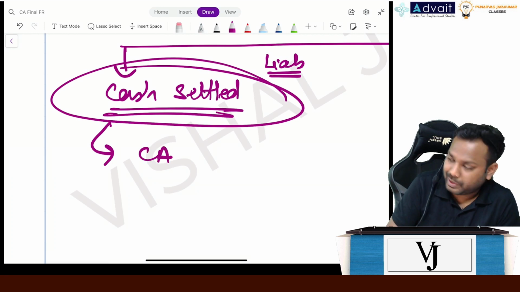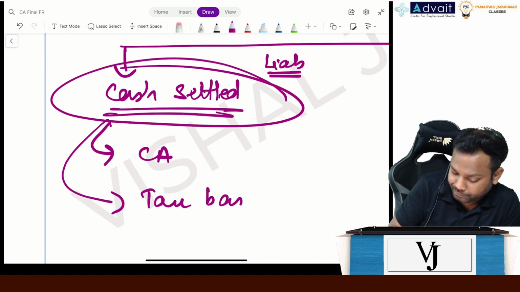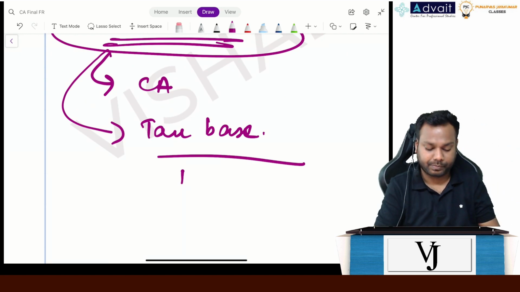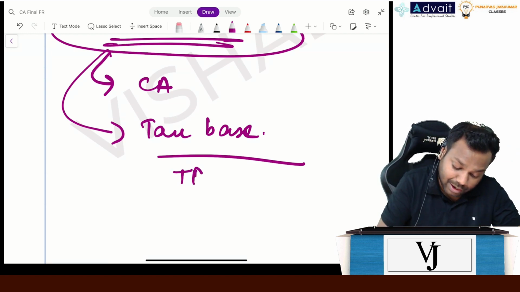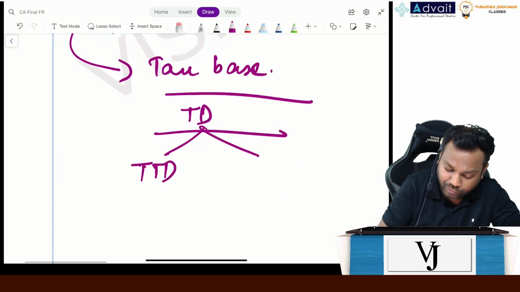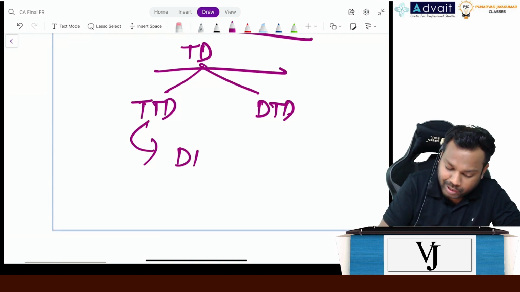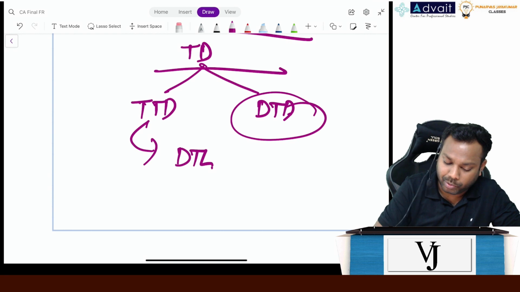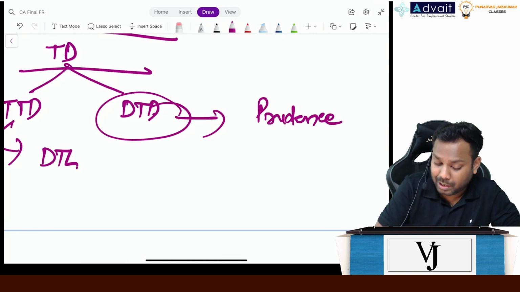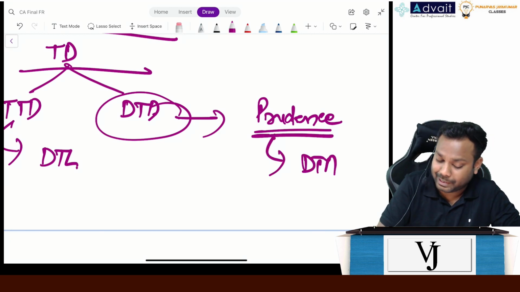We will have a carrying amount of the liability. We can calculate the tax base of the liability, right? We can calculate temporary difference. We can assess whether temporary difference is taxable temporary difference or deductible temporary difference. If it is taxable temporary difference, we can calculate deferred tax liability. If it is deductible temporary difference, we'll assess it for the concept of prudence, whether the criteria is being met or not. If it is met, we will recognize deferred tax asset.